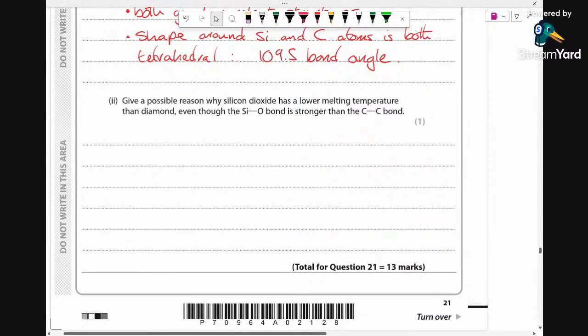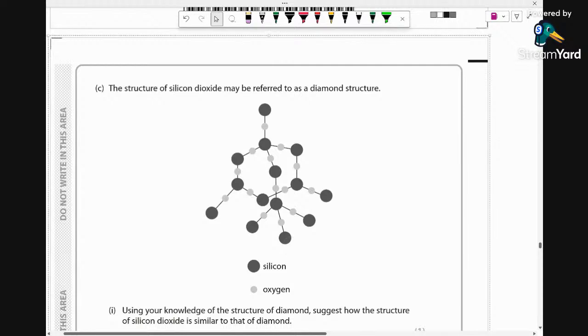Give a possible reason why silicon dioxide has a lower melting temperature than diamond, even though the silicon-oxygen bond is stronger than a C-C bond. Oh, that is mean. First question, can we say three-dimensional? I'm going to say that it's not enough.